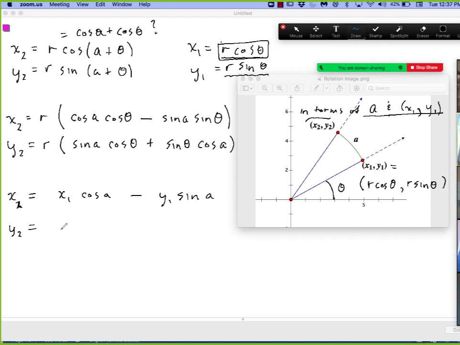And then what about y2? Yasra, how about y2? y2 would be x1 sine of A, and plus y1 times cosine of A. Yes, y1, sorry about that.